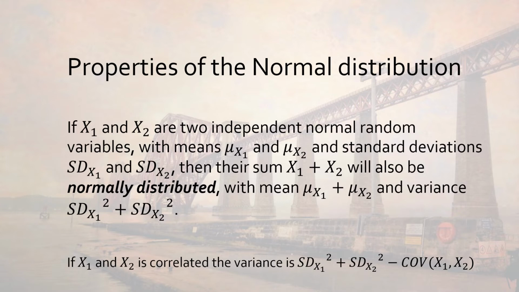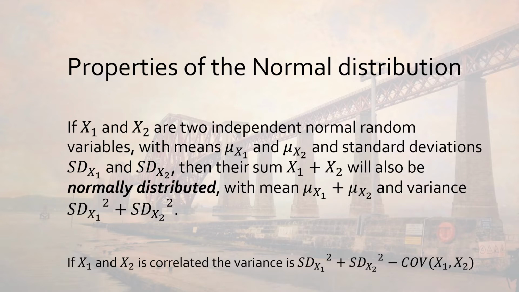A very important property of normally distributed parameters is that if x1 and x2 are two independent normal random variables with mean mu x1 and mu x2 and standard deviation SDx1 and SDx2, then the sum x1 plus x2 will also be normally distributed with mean mu x1 plus mu x2 and variance SDx1 squared plus SDx2 squared.